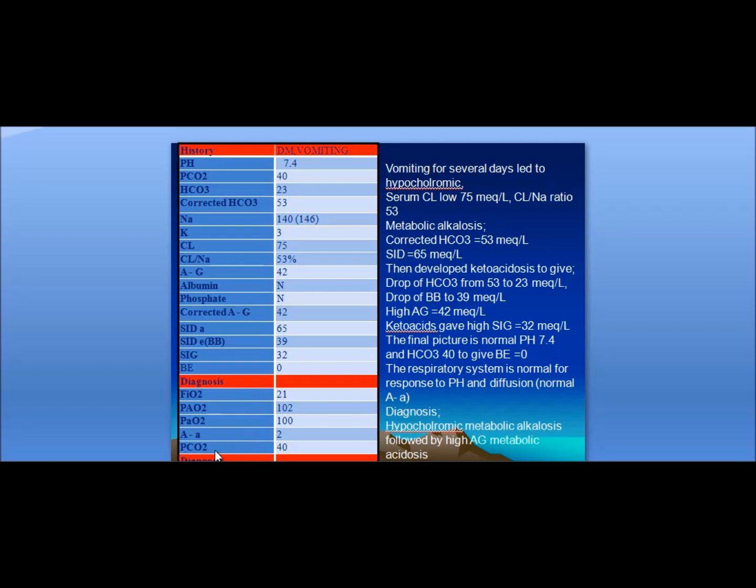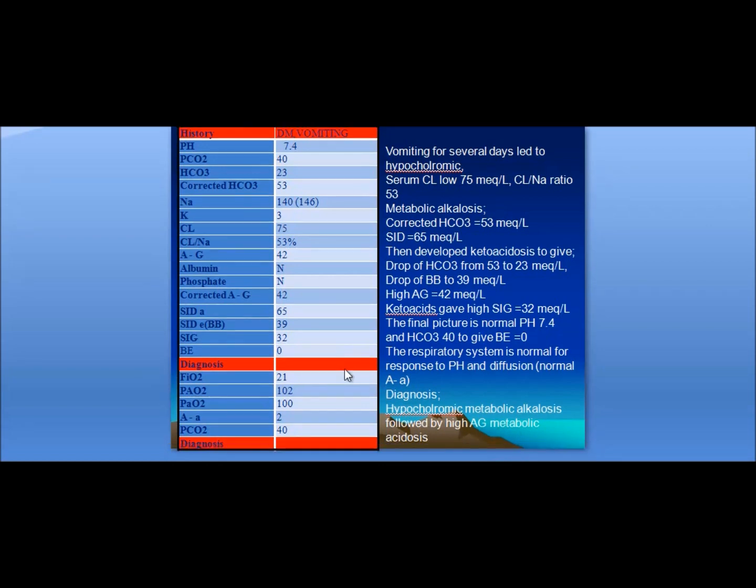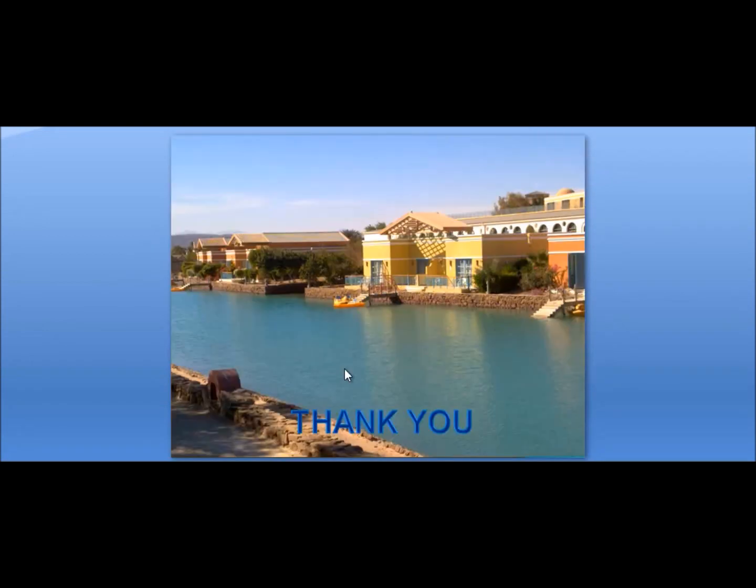When you come to the partial pressure of carbon dioxide is normal, the ventilatory state is normal. So this patient had hypochloremic metabolic alkalosis due to vomiting, and then developed to be followed by high anion gap metabolic acidosis. Thank you.